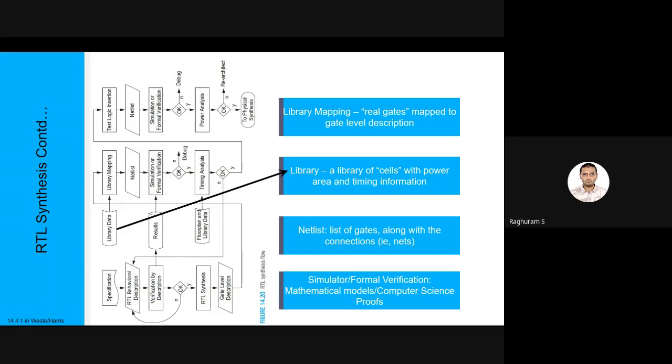But formal verification asks more general questions, meaning can this gate ever produce the output 1010? So what would you do in simulation? Suppose you have four inputs, you keep giving all possible combinations. Four inputs means 2 power 4, 16 combinations, and you find out if it ever reaches 1010 output.